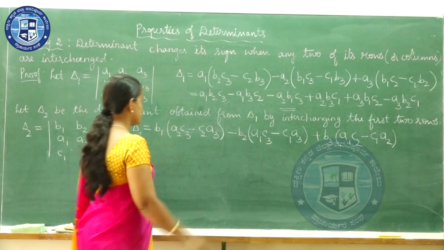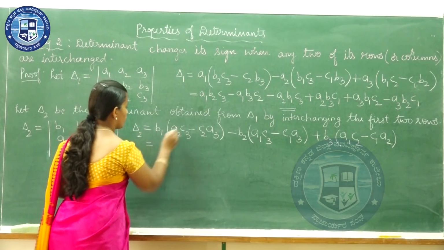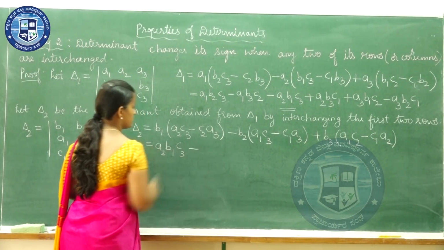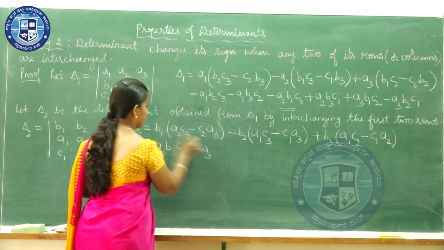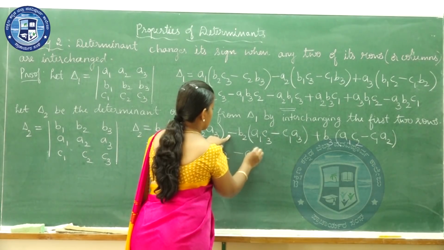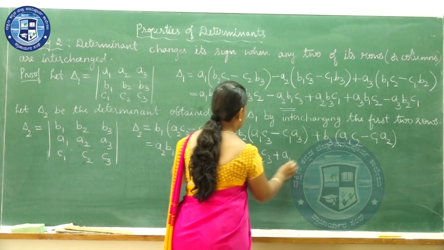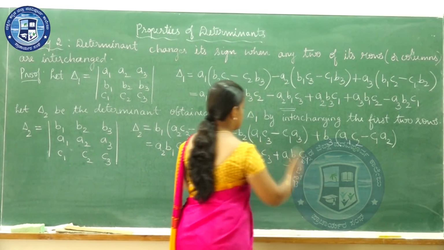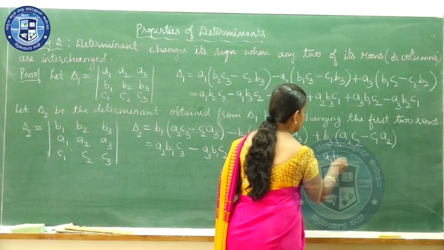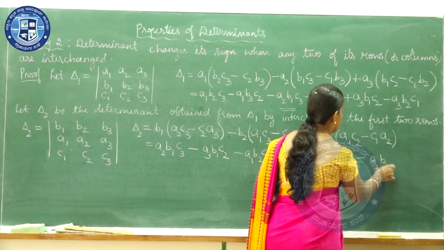Now simplify this. Let us follow the order ABC when we are writing so that it becomes easy to check. So A2 B1 C3 minus A3 B1 C2 minus A1 B2 C3 plus A3 B2 C1 plus A1 B3 C2 minus A2 B3 C1.